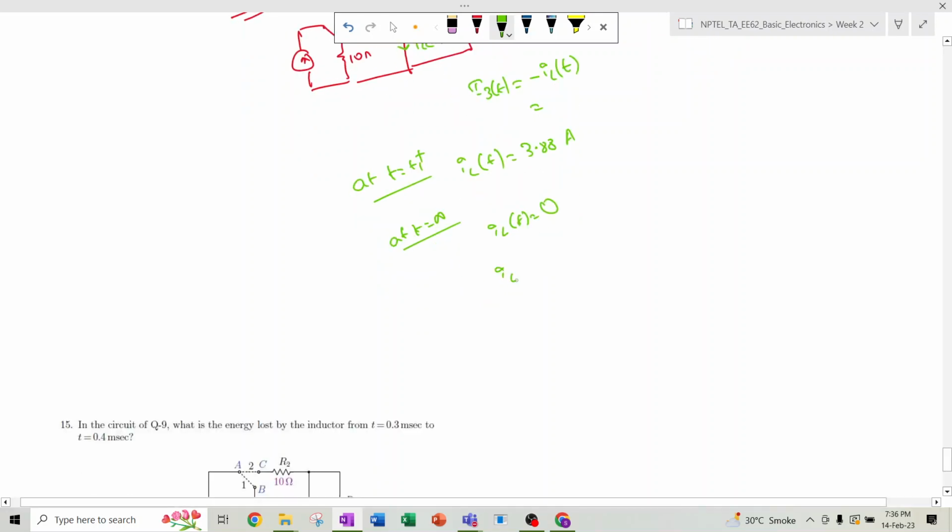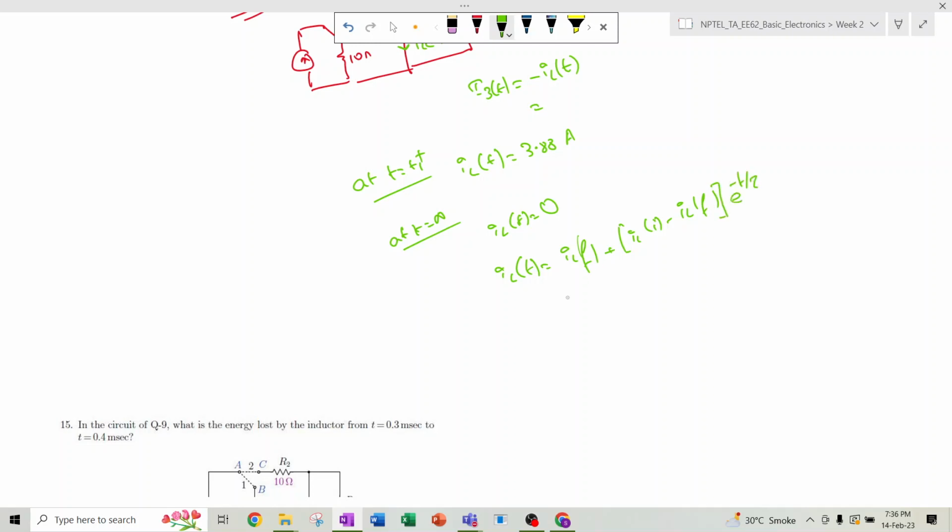So IL at any point of time is equal to IL final plus (IL initial minus IL final) e to the power minus t by tau, right?